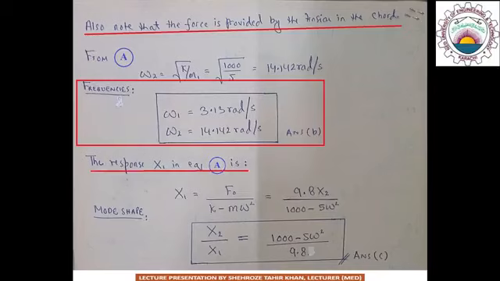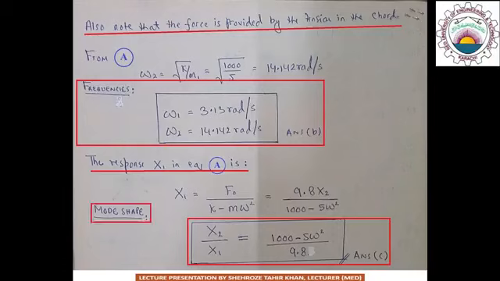The response of the system is given by the equation A as follows: x1 is equal to F upon (k minus m omega square), or x1 is equal to 9.8 x2 divided by (1000 minus 5 omega square), or x2 upon x1 is equal to (1000 minus 5 omega square) upon 9.8, where the expression x2 upon x1 represents the mode shape of the system.